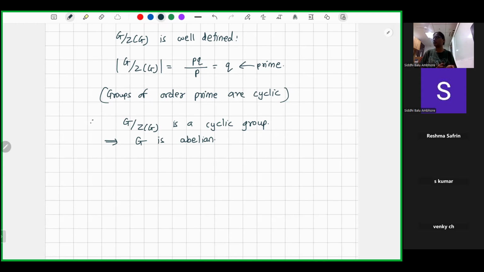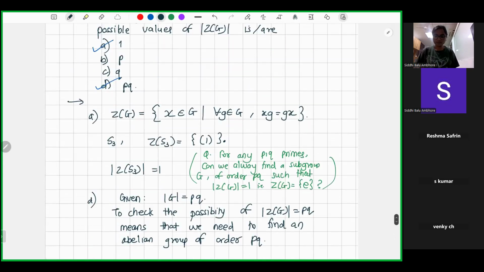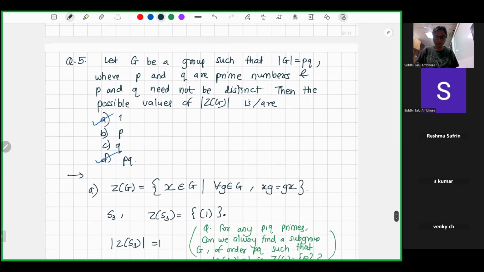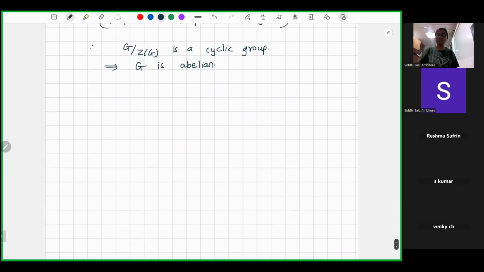Otherwise, this does not hold. For now we are in a finite setup, so nothing is a problem. So G mod ZG cyclic implies G is abelian. This holds.